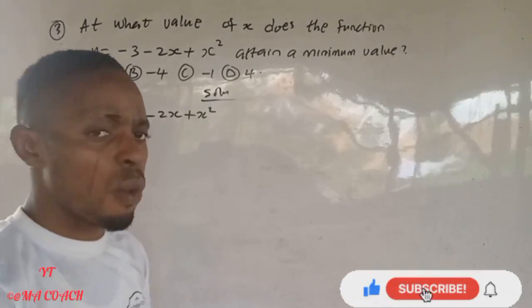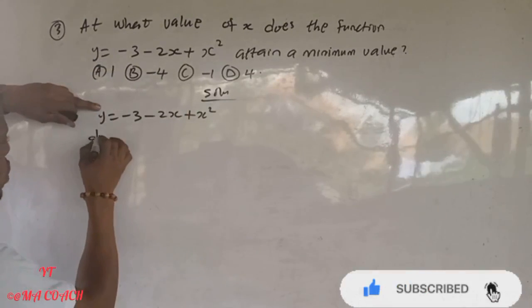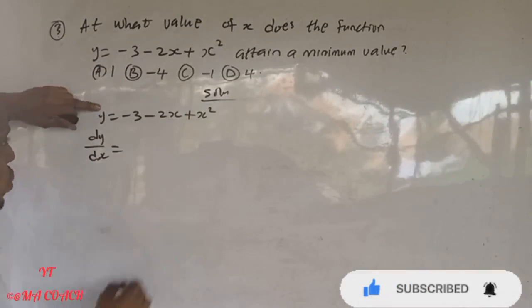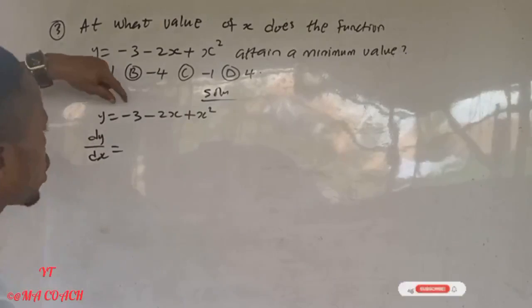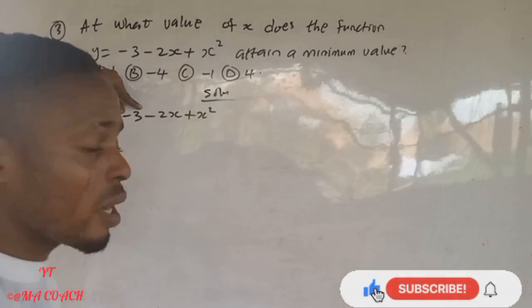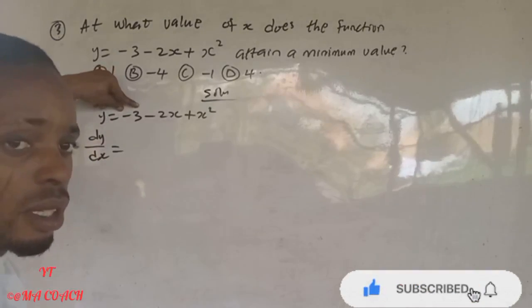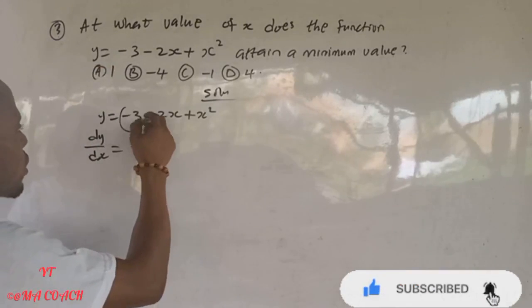So in this place now, let's differentiate this y with respect to s. So dy/ds equal to, now if we want to differentiate this minus 3 here, because this 3 is a constant, it's always 0 when you differentiate a constant, because it does not have any variable s. So we have 0 here.